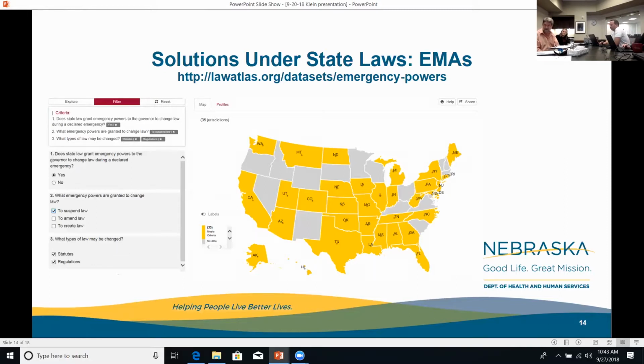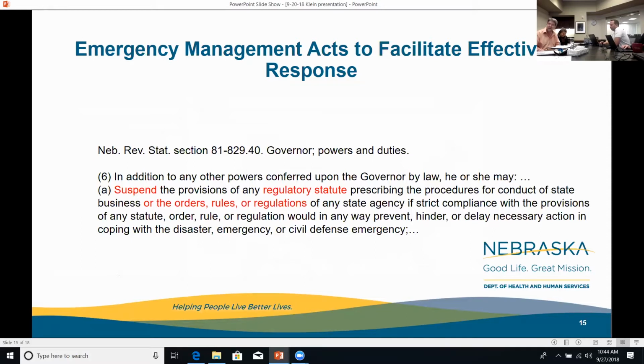And in Nebraska and these other states, both statutes and regulations can be suspended by the governor. There may be some aspects of this that would come into play in terms of scope of practice of volunteers. Again, if we have a proclaimed emergency, I think the other parts of the act that indicate you can practice without a license being required, and this ability to suspend these regulatory statutes actually will allow in some instances for an expansion of scope of practice.